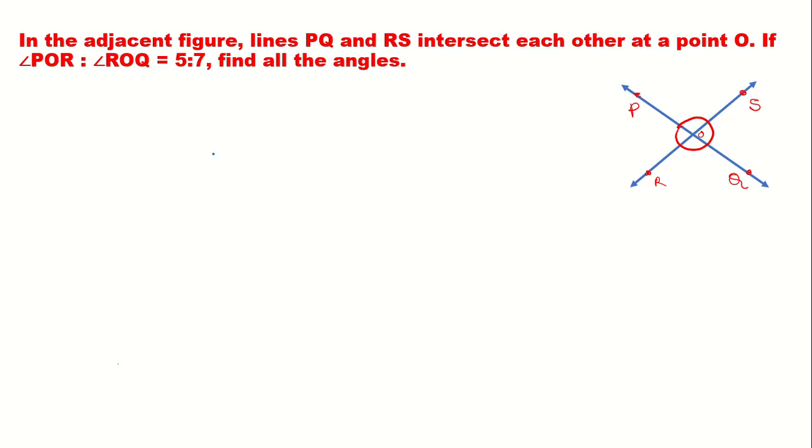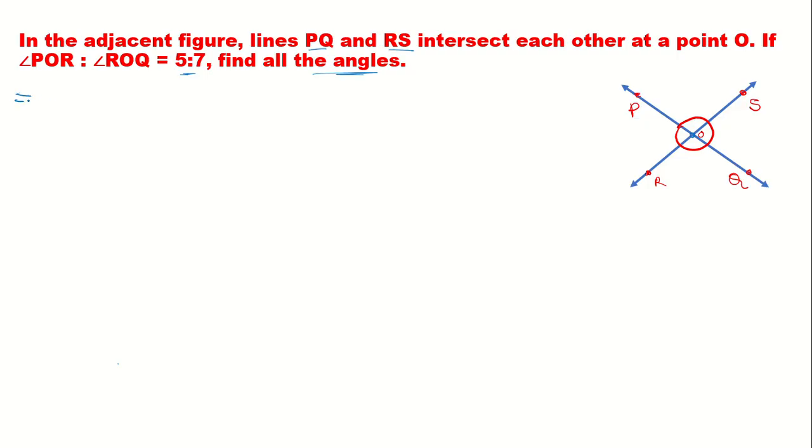The question here is, in the adjacent figure, lines PQ and RS intersect each other at a point O. As you can see, we have two lines, PQ and RS, intersecting at a point O. If angles POR and ROQ are in the ratio 5:7, we are required to find all the angles.